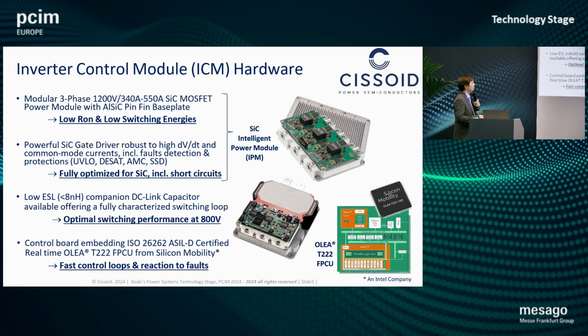It includes a dual-core ARM together with FPGA functions, which is very useful to implement fast control loops, but also for a fast reaction to faults, supporting functional safety up to ASIL-D levels.